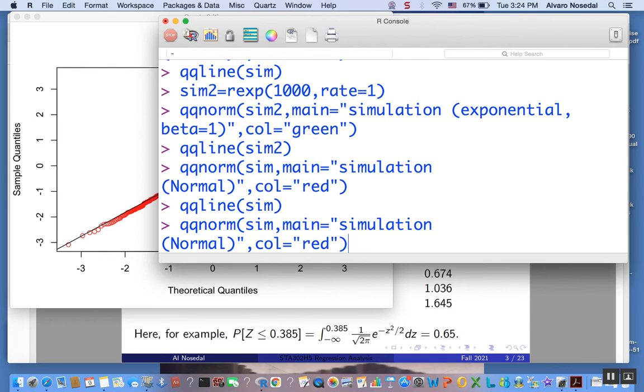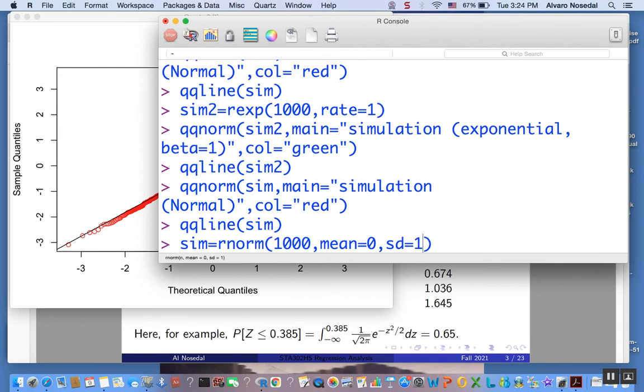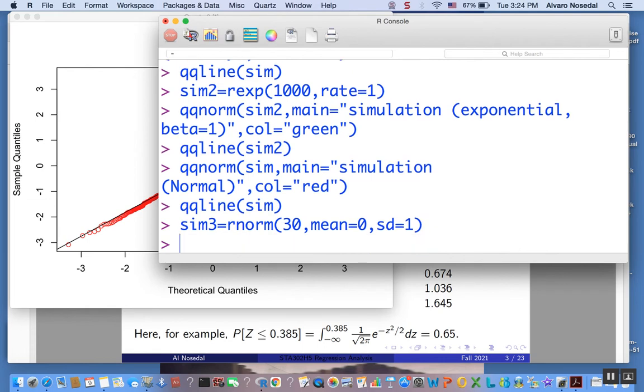So let me recycle what we had here. Let me call this guy sim3. Now let me generate 30 numbers coming from a normal distribution with mean 0 and standard deviation 1.